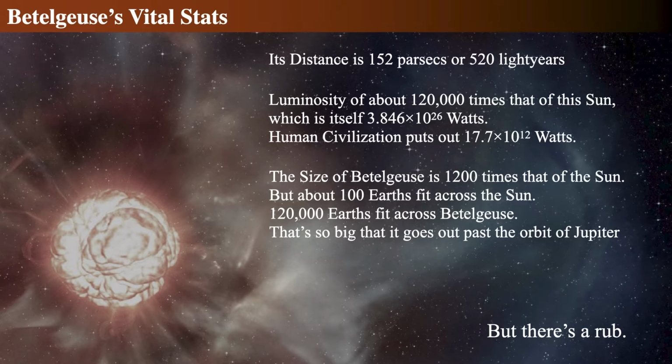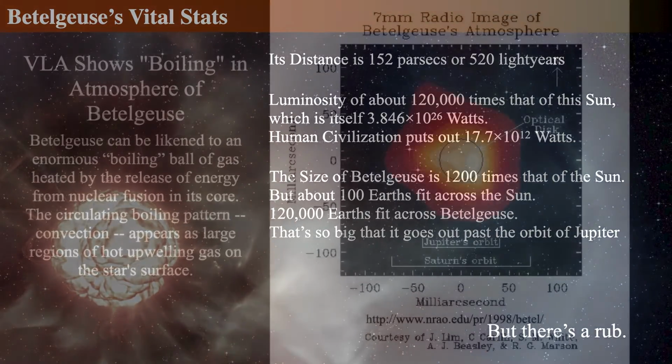We're nothing. 10 to the 14th times less. Oh my goodness. And Betelgeuse itself is about 1,200 times the size of the Sun. That comes from both direct measurements, as we'll see in a second, as well as the Stefan-Boltzmann relationship. And we know that 100 Earths fit across the Sun, but about 120 Earths fit across Betelgeuse. That means that it's bigger than the orbit of Jupiter.